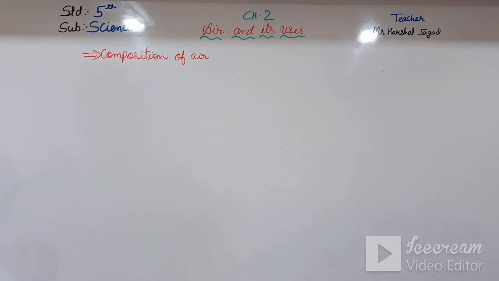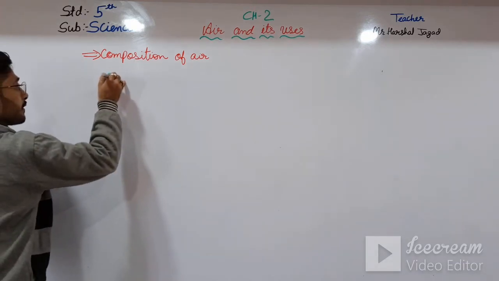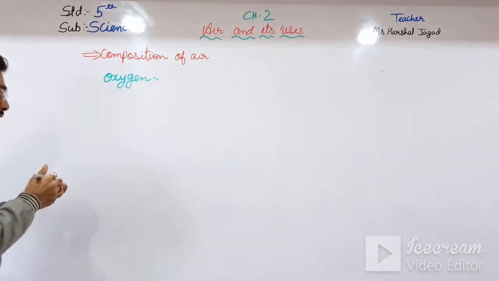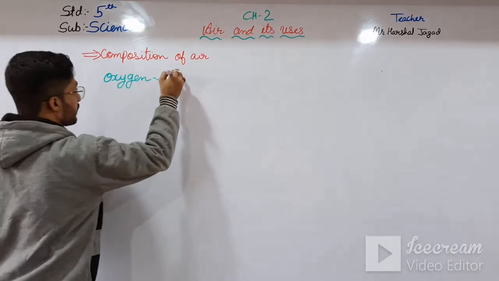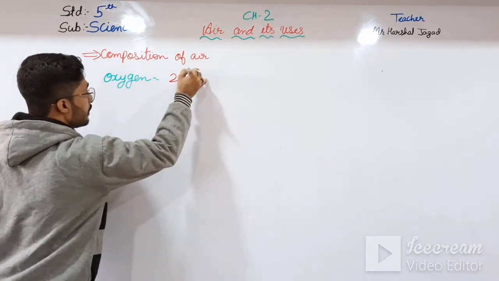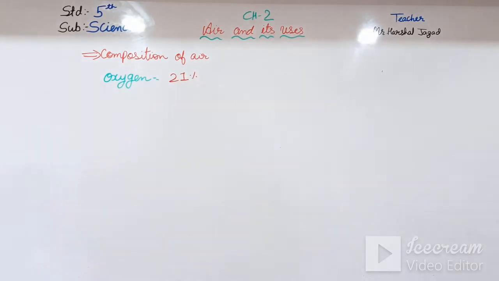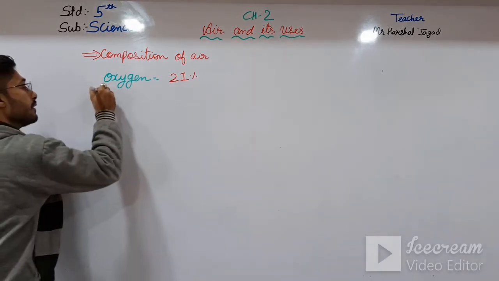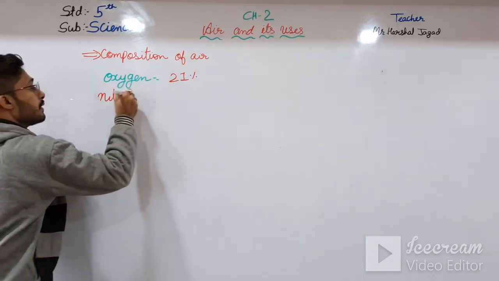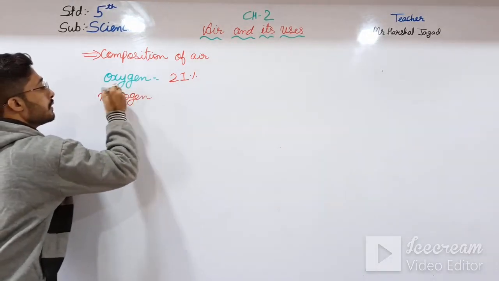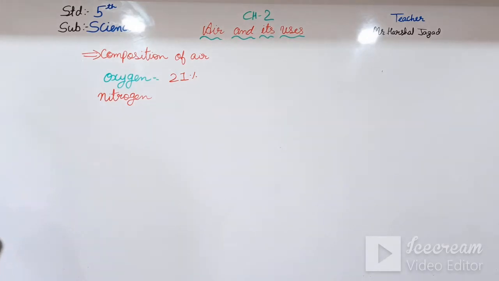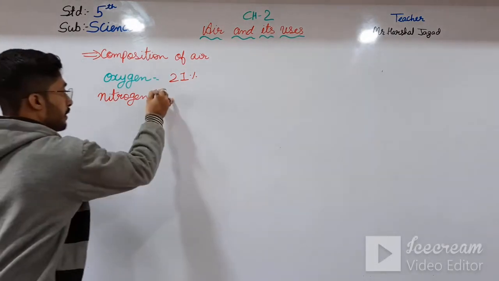Oxygen is about 21% in the atmosphere. Okay, and then coming to nitrogen, that is about 78%.